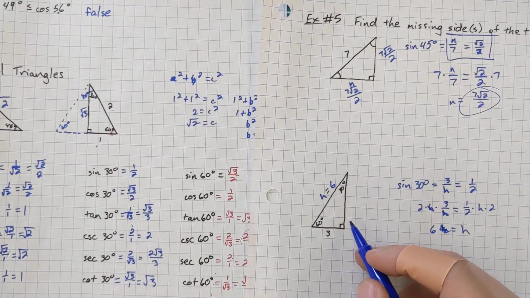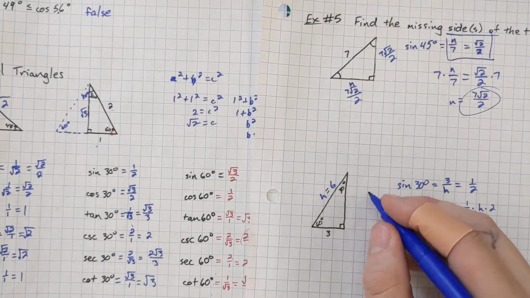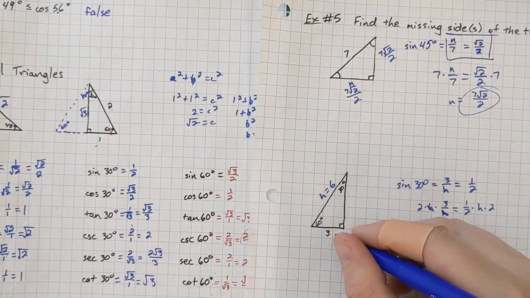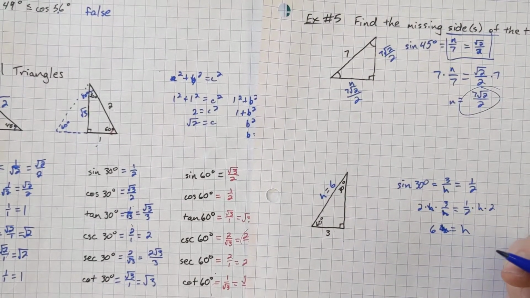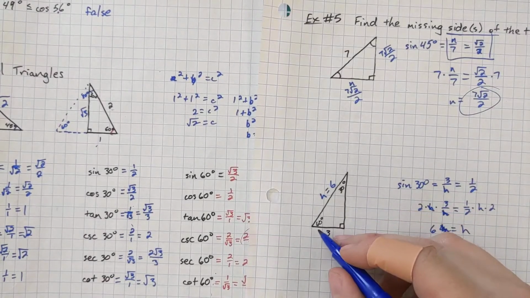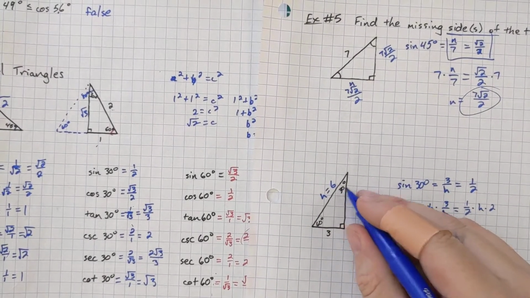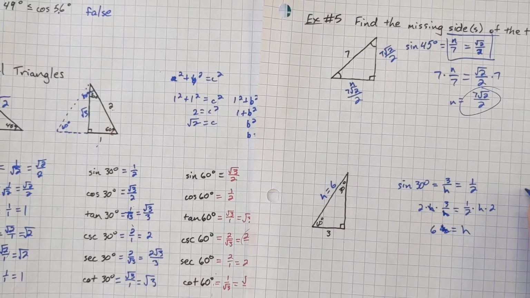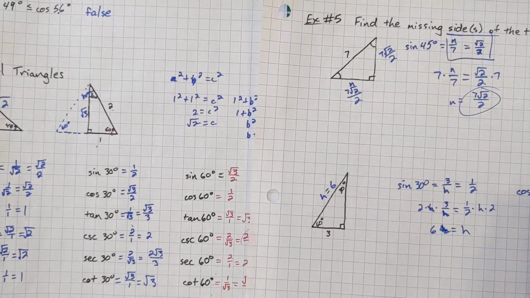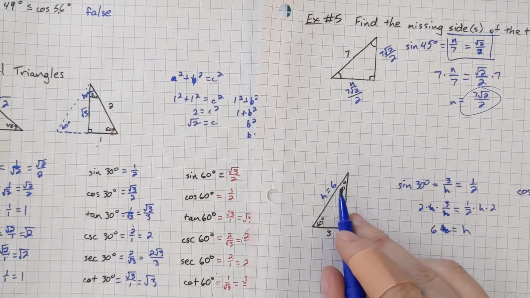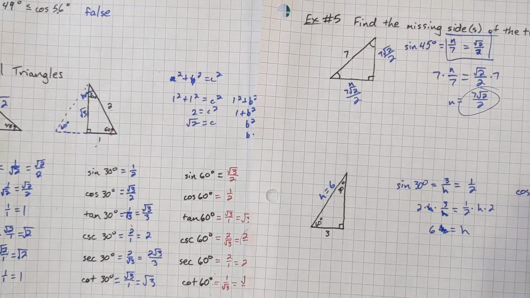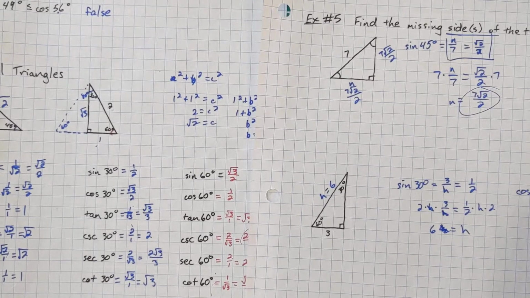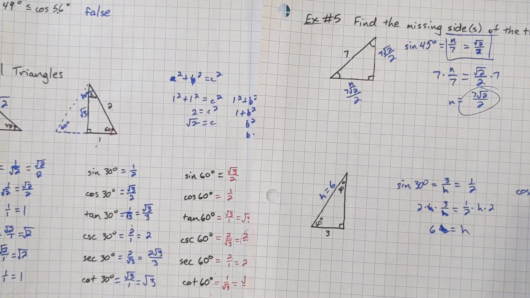Let's say I need something with this side and either the opposite or the hypotenuse. It doesn't matter. Let's still use that 30 degree angle. This time I'm going to say cosine of 30 degrees. Cosine of 30 degrees is adjacent over hypotenuse. I don't know that adjacent side yet, but the hypotenuse we already figured out is 6.